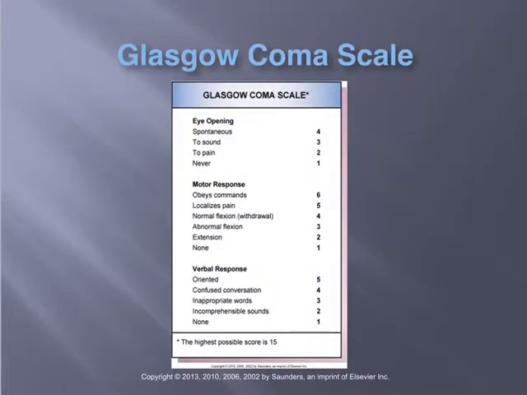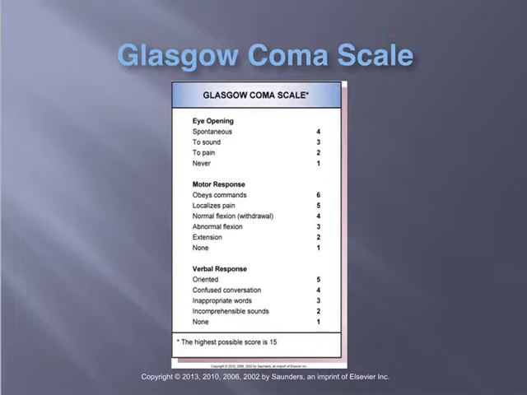This is a scale called the Glasgow Coma Scale, and it helps determine neurological function. So if someone has a suspected or actual brain injury or neurological disorder and they become lethargic, you should always do a full neurological exam first before you call the physician, and you can use this scale.